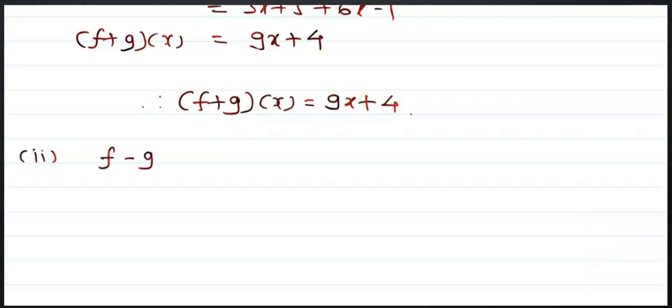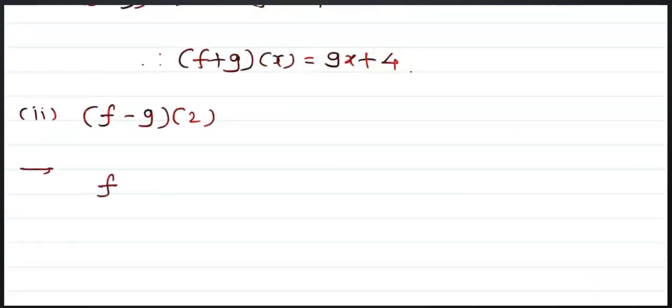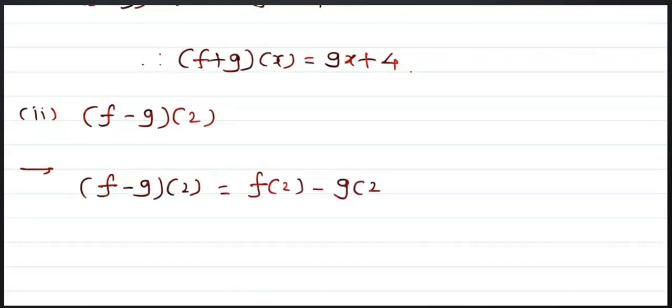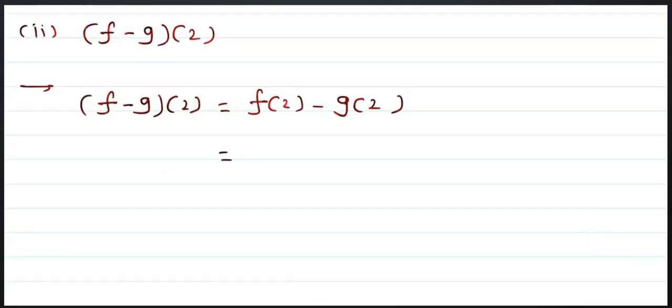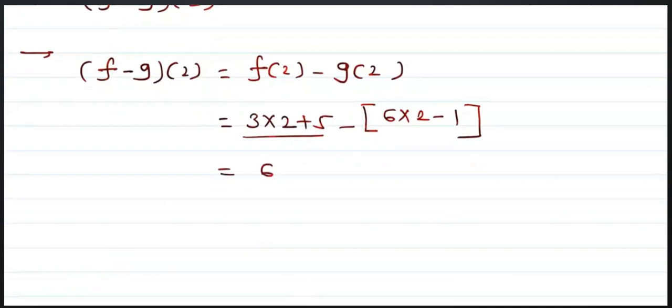Second, their subtraction. Now we'll find their values, that is f of 2 minus g of 2. Write their respective functions and replace x by 2, then we will get the answer.